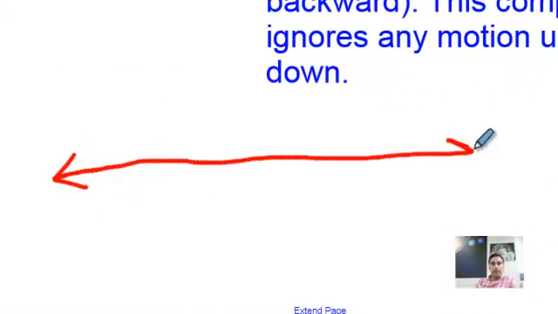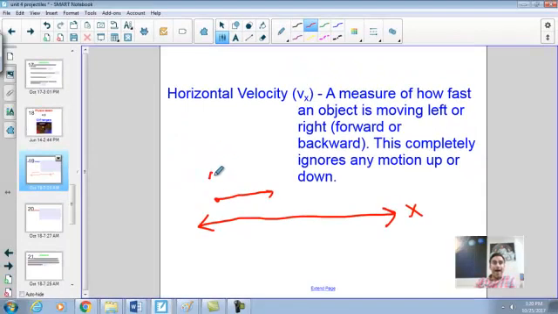So if you think of your coordinate plane like this, this would be your x. So an object would be moving along the x-axis. Now, the velocity of that would be how far it's going over how much time, and we label that vx.